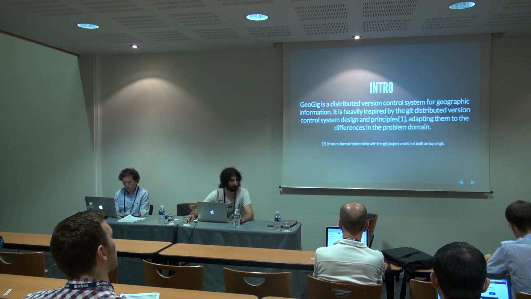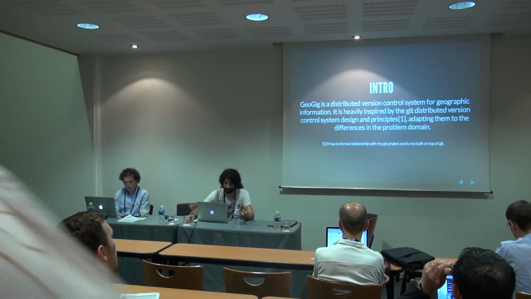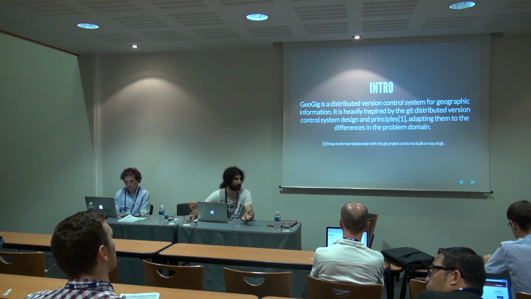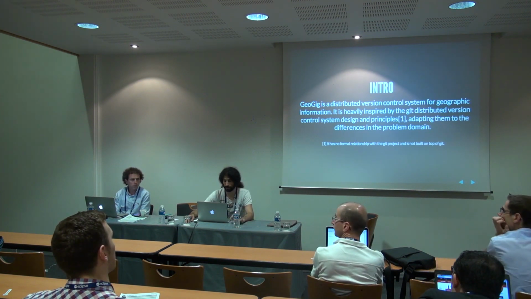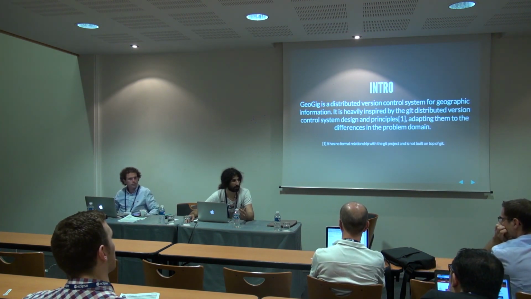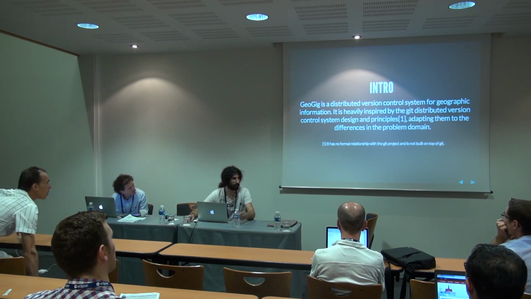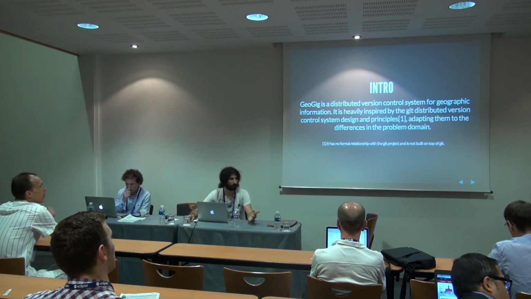So basically GeoGet is a system for versioning spatial data that is inspired by Git. I don't know if any of you is a programmer and you're familiar with Git. It's a software for versioning source code, right? So the idea is to bring the same ideas that we have in Git, but to the realm of spatial data.